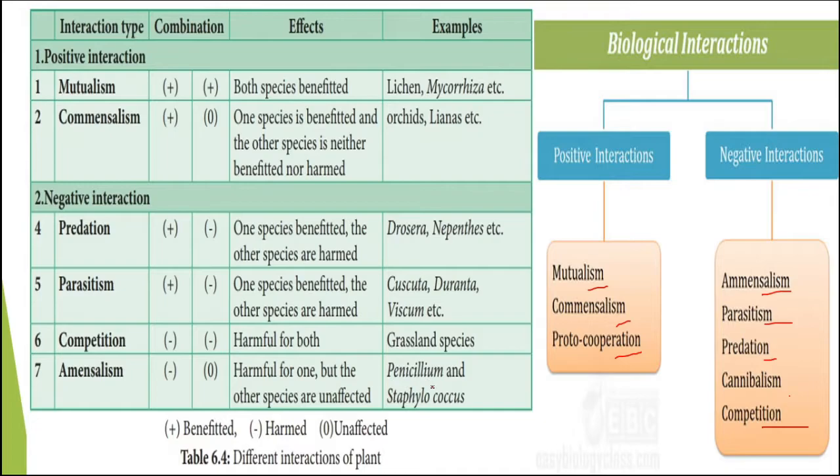It is known as amensalism. For example, Penicillium and Staphylococcus bacteria. Here the positive sign denotes the benefit, which organism is getting benefit, and negative is for harmed, and 0 means unaffected. So in this way we can see different types of biological interactions.